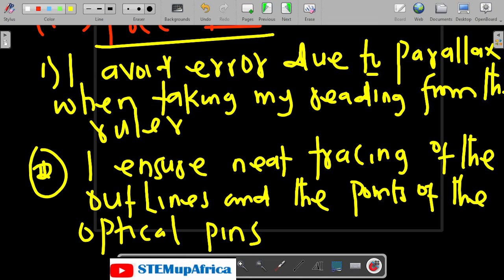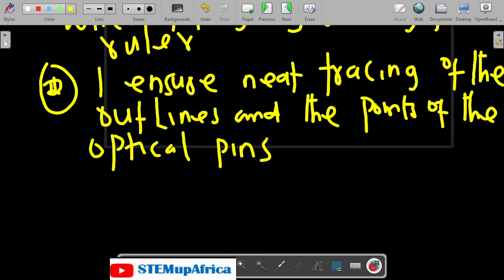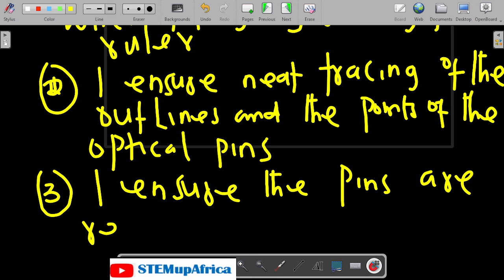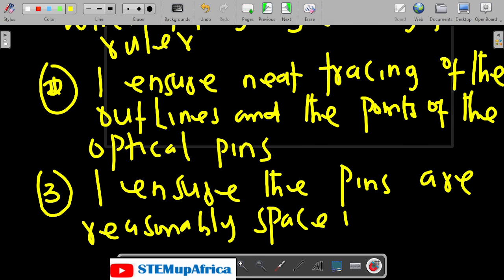Okay, then this is number 2. Let's make it 3 because of time. Number 3, you say I ensure the pins are reasonably spaced, which is true. You must really space your pins.